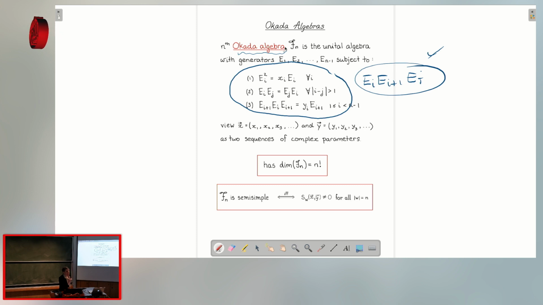You think of your chain of F_n sitting inside F_{n+1} and so on, and then you look for the centralizer of F_n inside F_{n+1}, at least this is how it goes for S_n. Yeah, so certainly I make a Gelfand-Tsetlin algebra, which is the direct sum of the centers of these, and I'm asking for generators. But there are many choices for Jucys-Murphy elements. Yes, the point I'm trying to make is there are many choices for Jucys-Murphy elements.